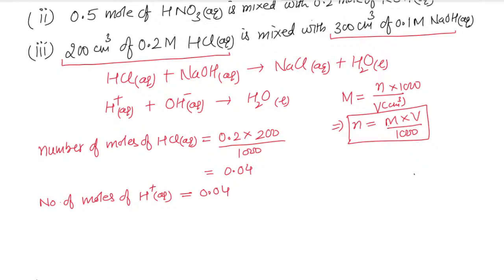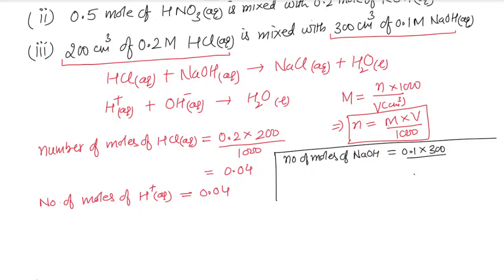Now come to the second one. Number of moles of sodium hydroxide is equal to molarity into volume divided by 1000.